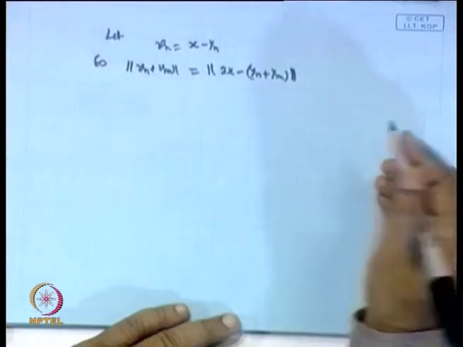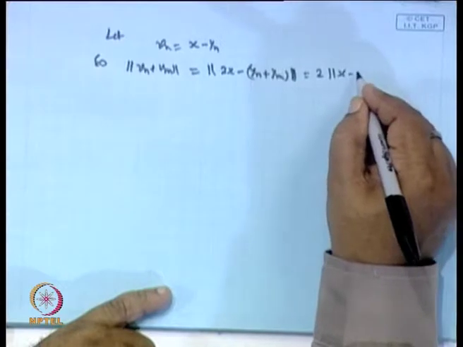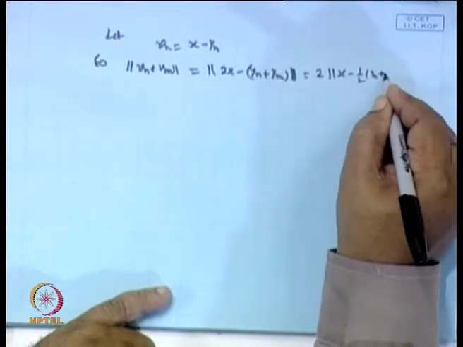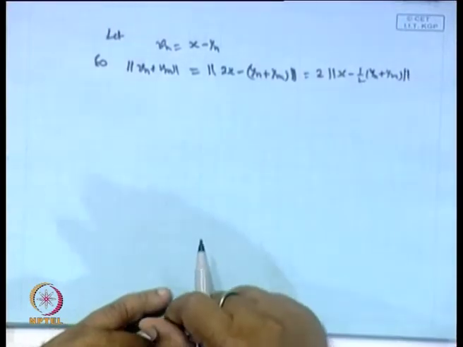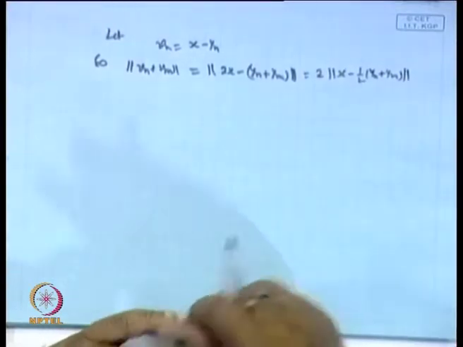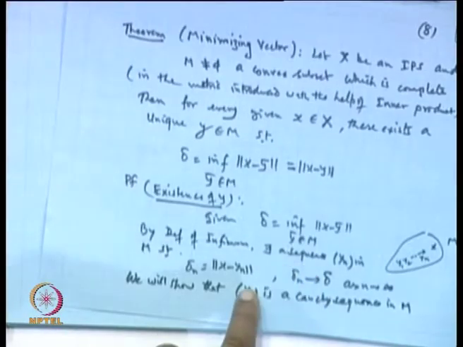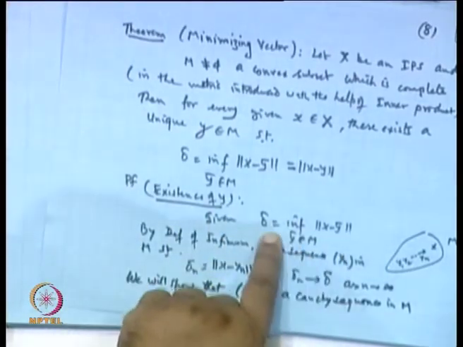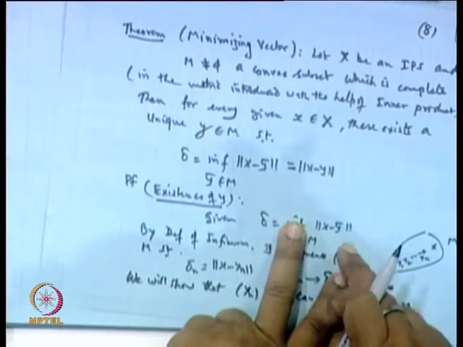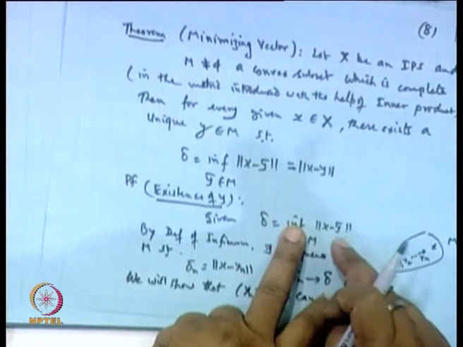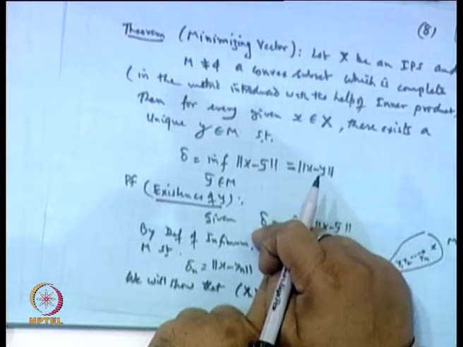Is it okay or not? So, take 2 outside. Now, the infimum of this thing is delta. It means, if I remove the infimum, then for whatever y belonging to M, the norm of x minus y will be greater than or equal to delta.